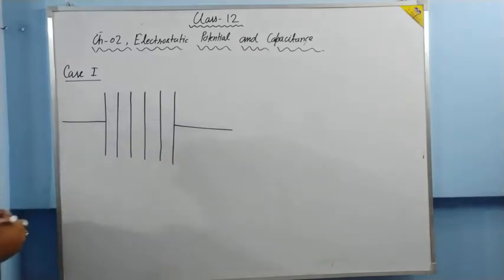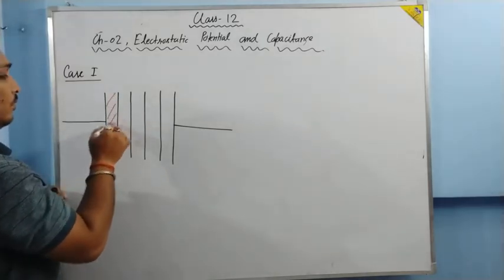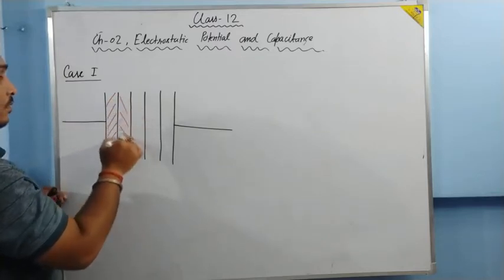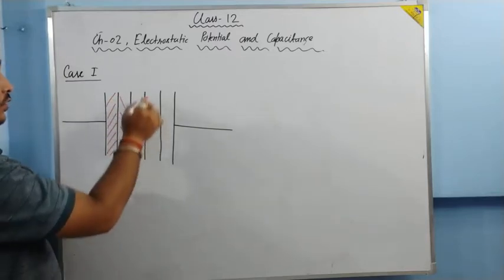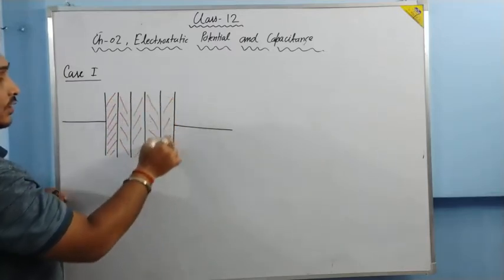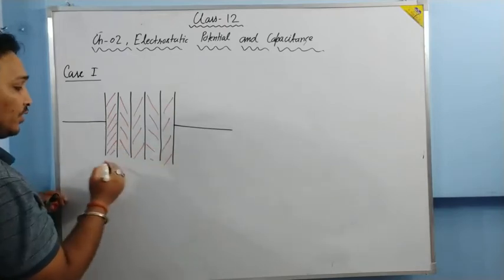Is it clear? Suppose this slab, the first slab, is of... Let me make the design first of all. So this is the design of slabs, just to differentiate slabs.